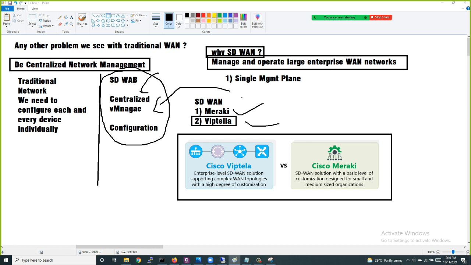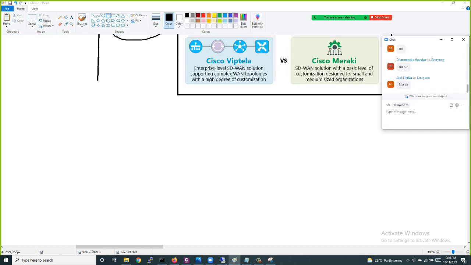If you have any question, you can ask. When you are saying multiple links, what do you mean by that? So my friend, in both cases, in traditional and in SD-WAN, we are managing it in the same way. If you have seen in the organization where you work, on the MPLS link you have a BGP neighborship, and on the internet-based link you have default routes.